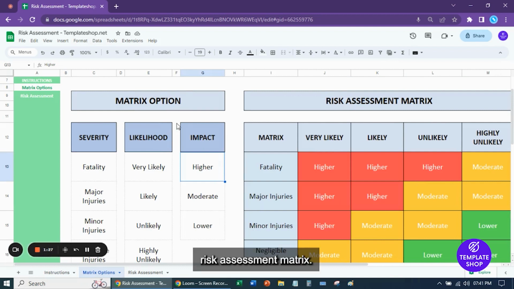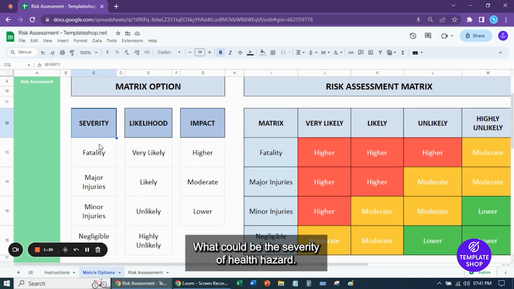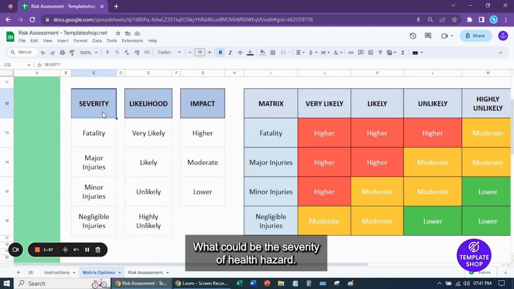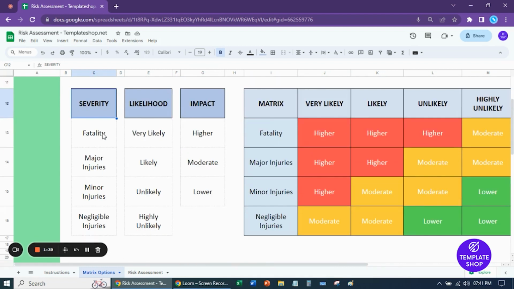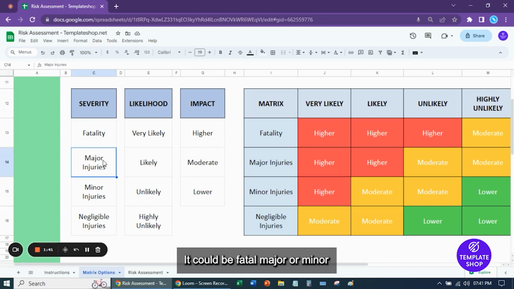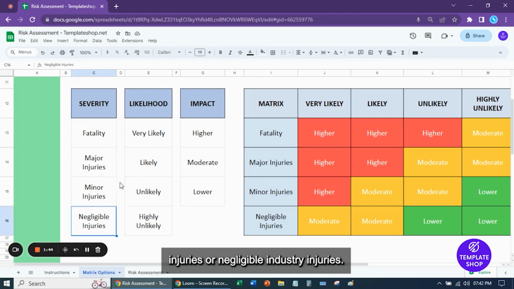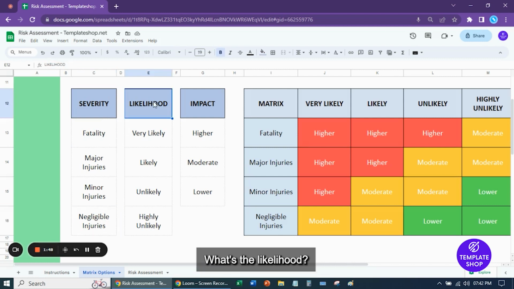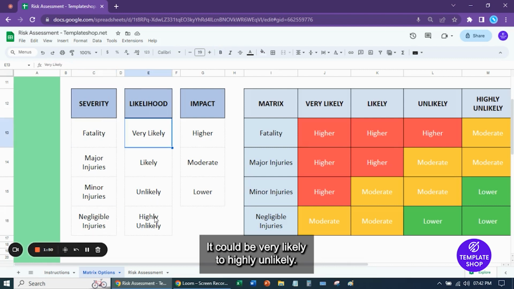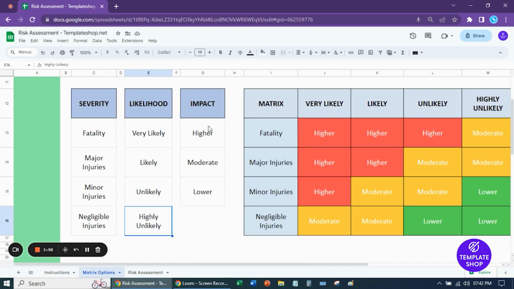risk assessment metrics. First, we draw up a single metrics in terms of the severity. What could be the severity in terms of health hazard? It could be fatal, major or minor injuries, or negligible injuries. What's the likelihood? It could be very likely to highly unlikely.